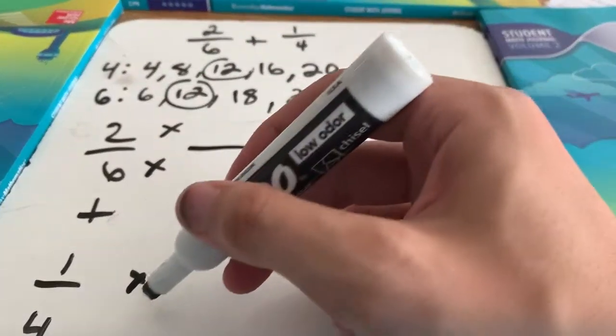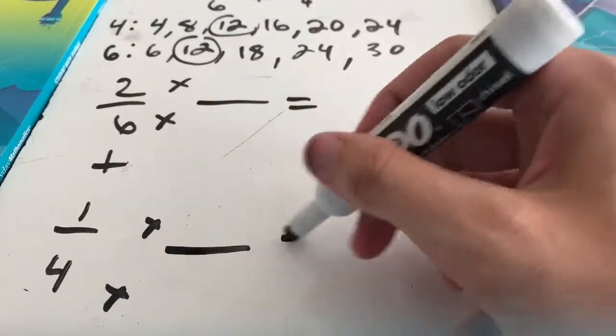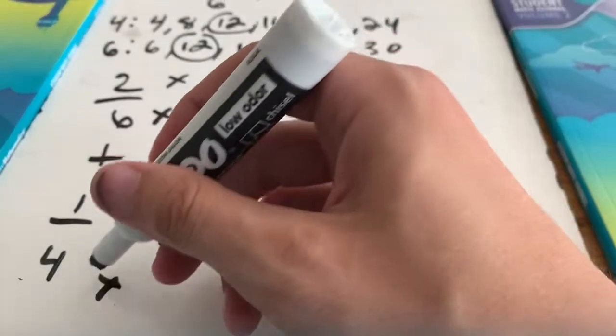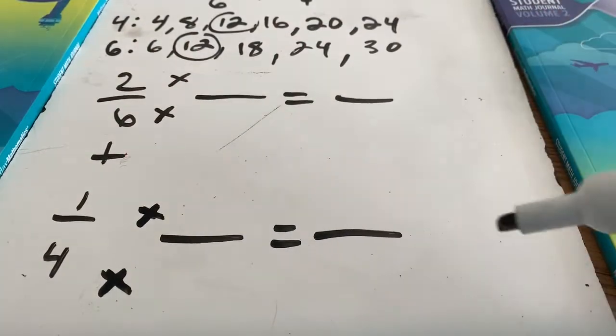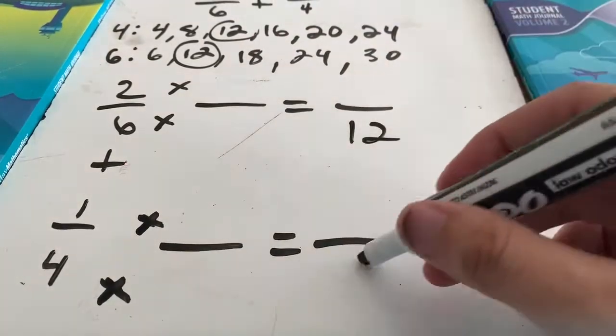I'm going to put a fraction line here. Sorry, the camera's moving. Equals, and then another fraction line. Now this is the important part. I am going to write my new denominators at the end. My new denominators are going to be 12 because that's the lowest common multiple I found.